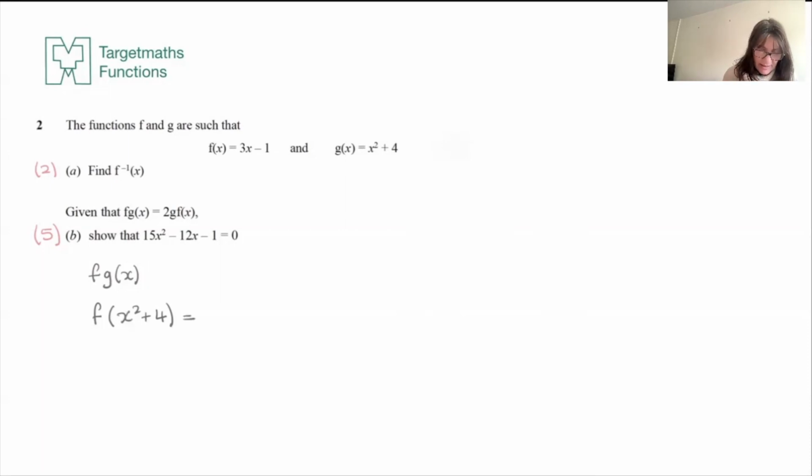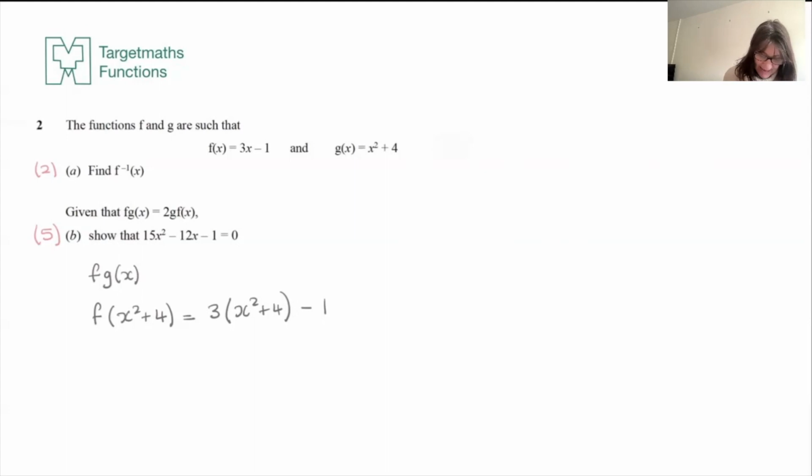That means that wherever there is an x in the f function, it is going to change to all of this. So the function is 3, and then it's x, but I've got to do all of x squared plus 4. And then we've got minus 1. So my x in the f function has been replaced by the expression in the g function.